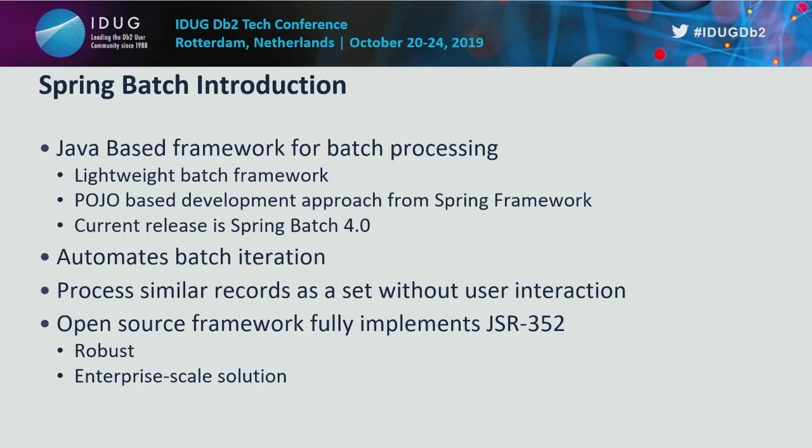It is robust, and it does provide an enterprise-scale solution, and it is out in the field and is used. When I was talking to my DBA friend who I was working with, he said he referenced it. He looked at a couple of people he worked with in his networking, and he talked to someone in Chicago who did implement Spring Batch processing.